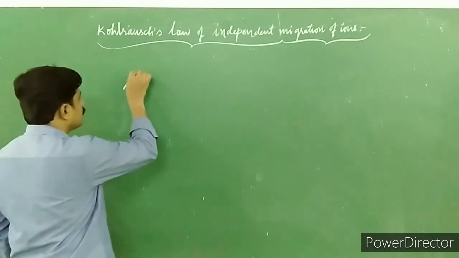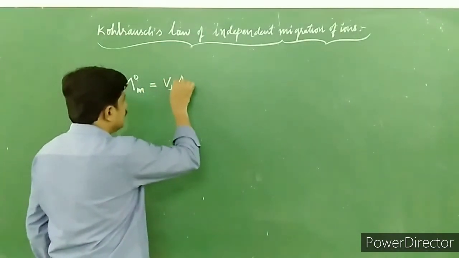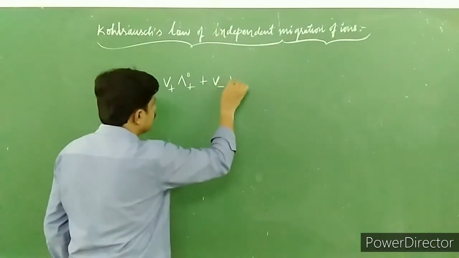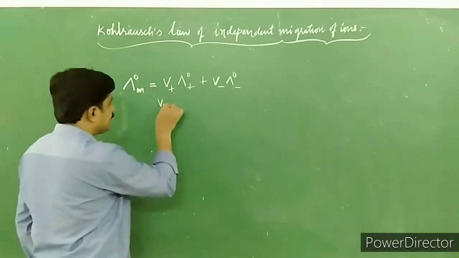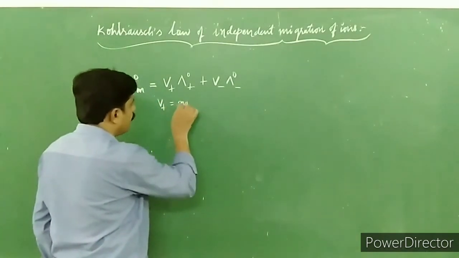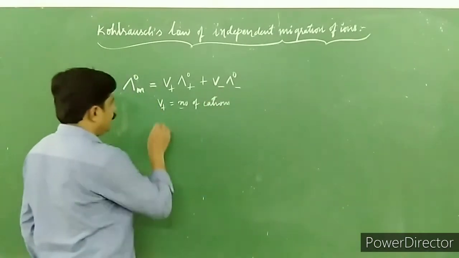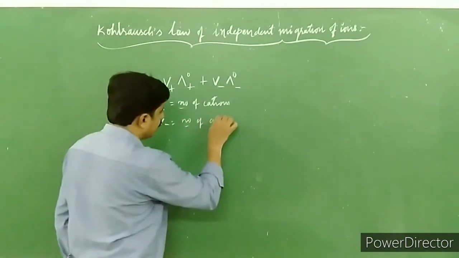Lambda m naught is equal to nu plus lambda plus naught plus nu minus lambda minus naught, where nu plus refers to number of cations, whereas nu minus refers to number of anions.